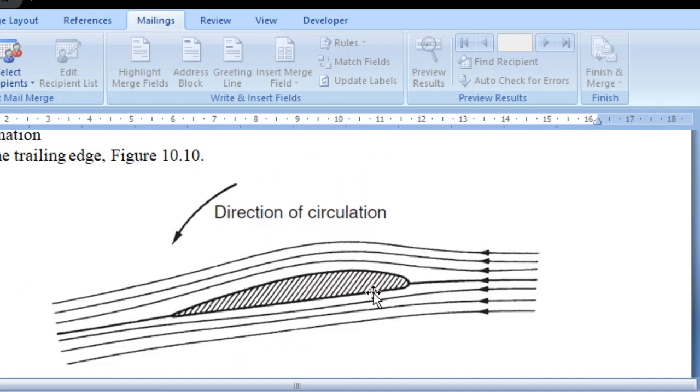One theory says that the top part has a longer distance and the bottom part has a shorter distance, so one has to increase the velocity to meet its counterpart at the other end. This is not very correct, because practically when we see it, these two particles don't meet each other at the two ends.